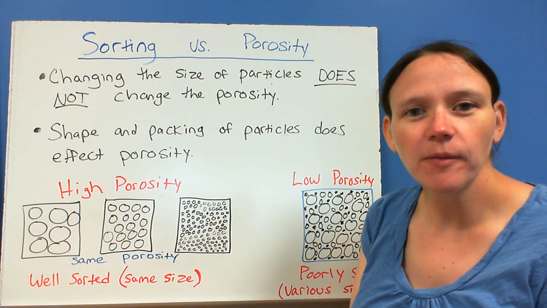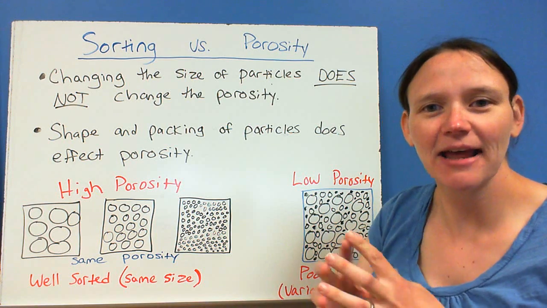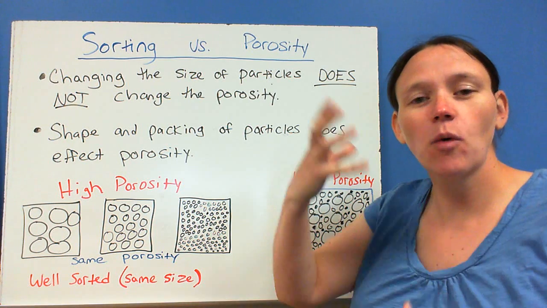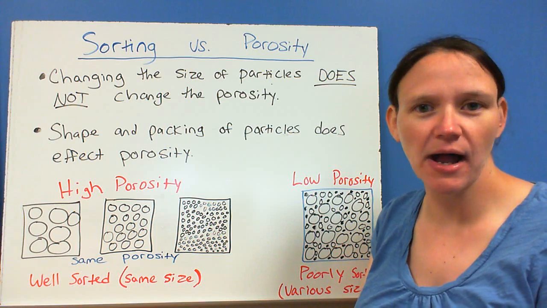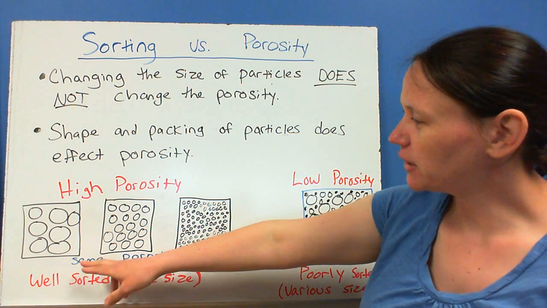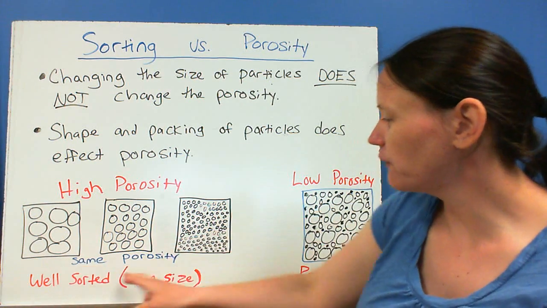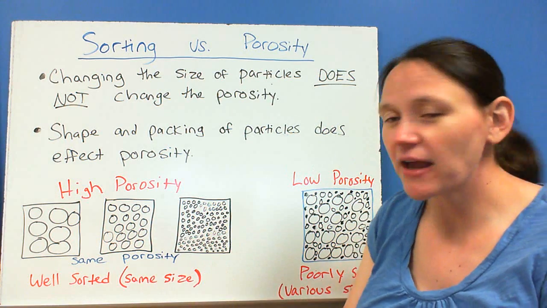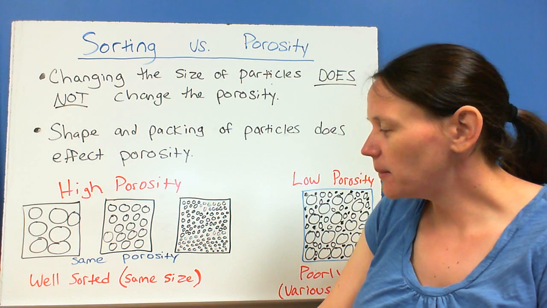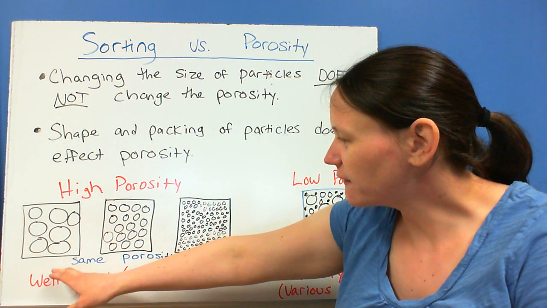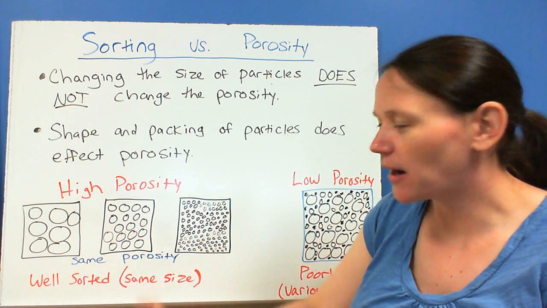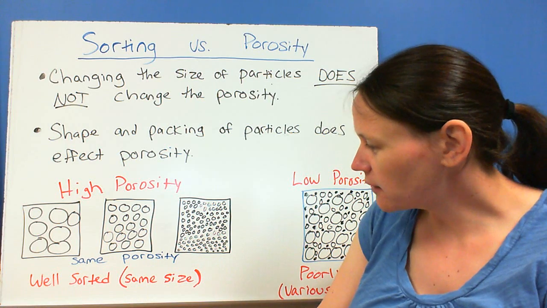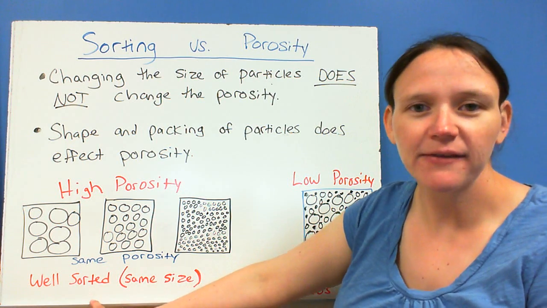It's the shape of the particles and how they're packed together that determine if water can travel through easily or not. So if we take a look over here, these are three different examples with three different size particles. But believe it or not, they actually have the same amount of porosity because they're sorted by size.